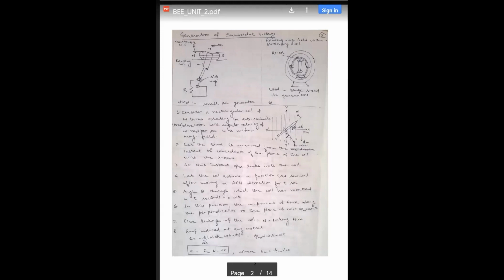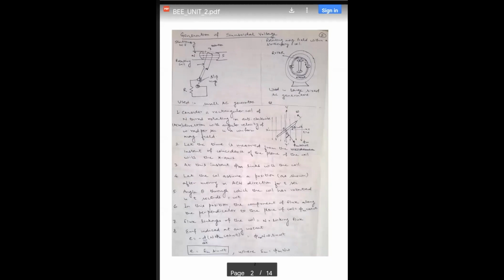So that is also to be taken into consideration, because we know that the EMF produced is minus d phi by dt, but that is taken when the number of turns is 1. But if the number of turns is n, then we have to take minus n d phi by dt. This you must have studied earlier as well.